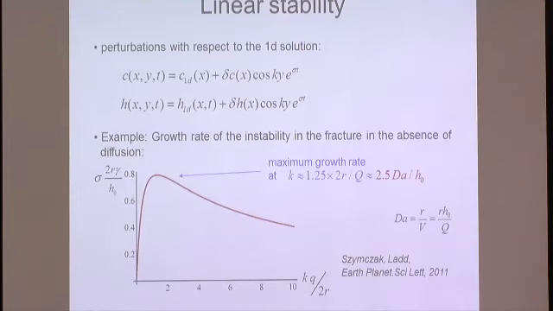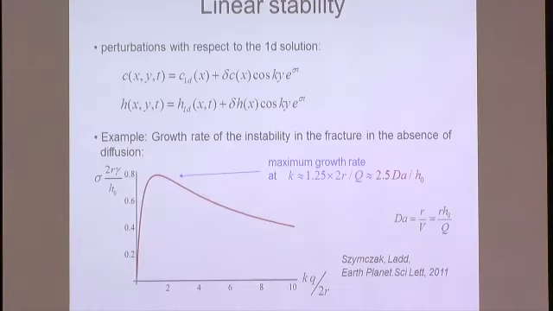You stick it into the original equations, you linearize with respect to delta C and delta H, and then you look for the relation between sigma and K. And it turns out that no matter what K is, so no matter what the instability wavelength is, sigma is always positive, which means that it's unstable over the whole range of the wavelengths.